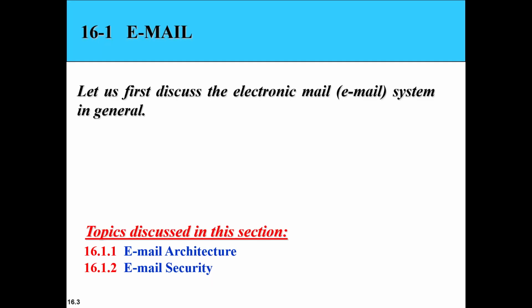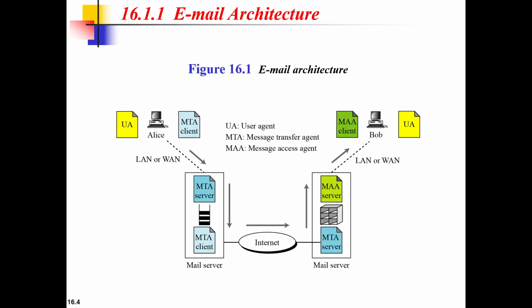Okay, so let's start with the email system. The topics discussed under this will be the architecture and the security. So basically in the next slide we can see the basic scenario in one-way email exchange.